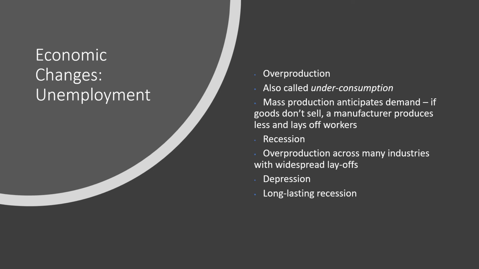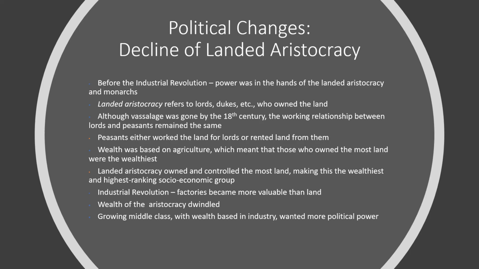Overproduction can lead to widespread layoffs, depression, lasting recession. It's unlike the domestic system, which was making goods on order. The factories were making goods on the anticipation of demand, and if it doesn't come, there would be changes, hardships as a result. With that too was the decline of the land aristocracy.